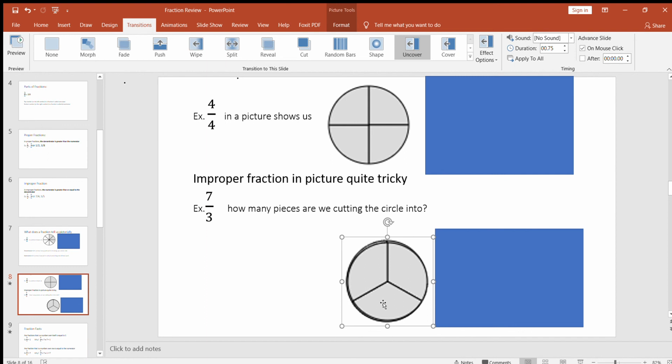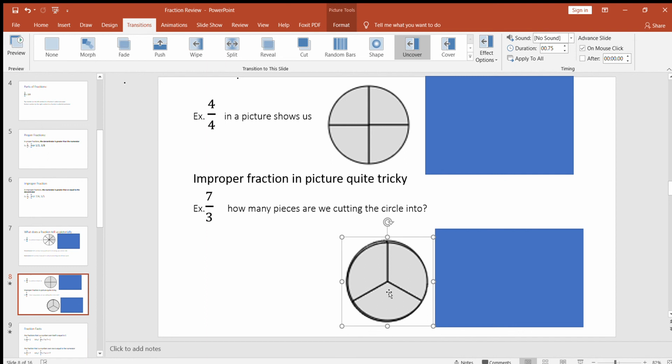Okay? Now here's the question. On that second pizza, how are we going to cut the circle? How are we going to cut the pizza? Some of you might say 4, some of you might say 3. What's the correct answer? 3.